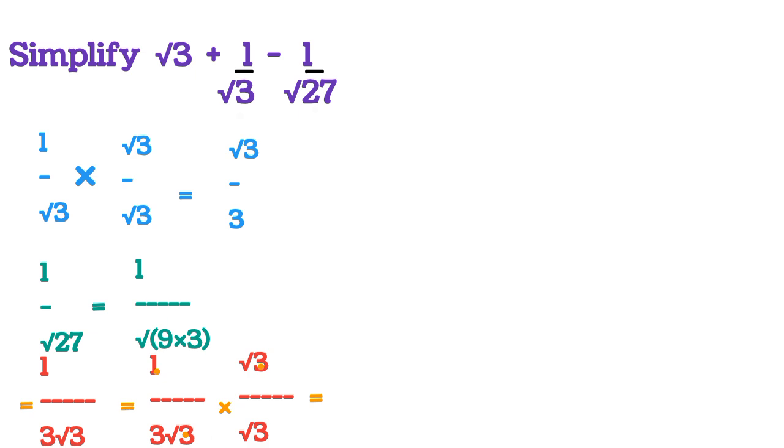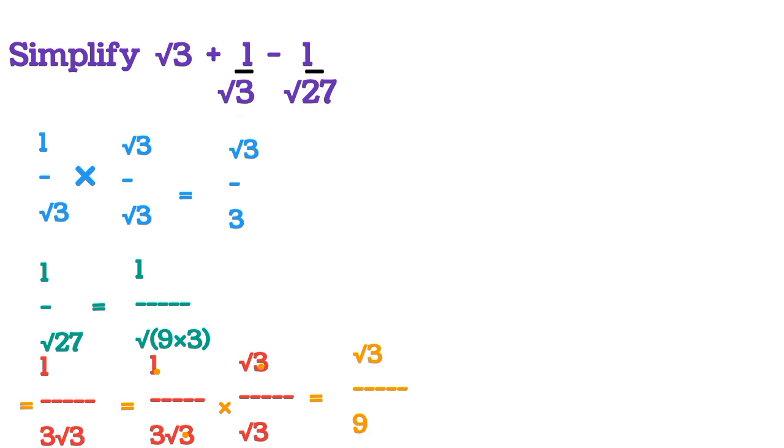It becomes square root of 3 over 9. That is 1 times square root of 3 over 3 times 3. Square root of 3 times square root of 3 is equal to 3. So we have square root of 3 over what?